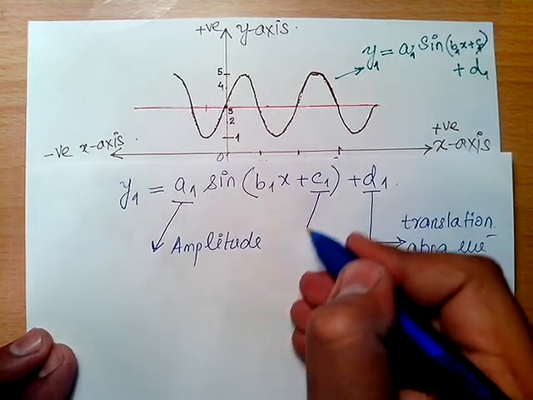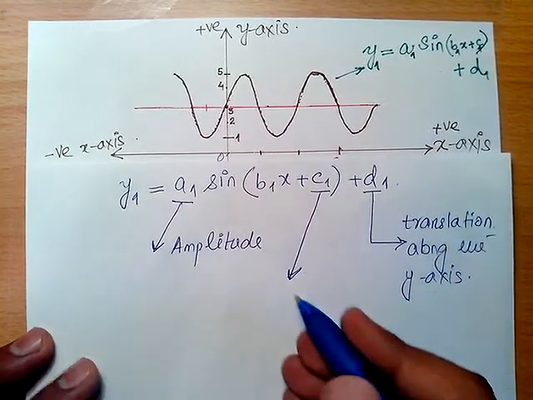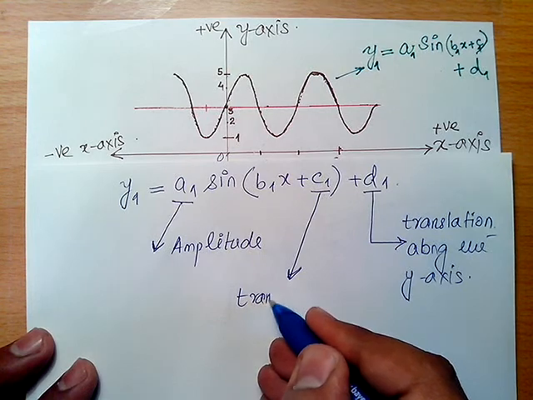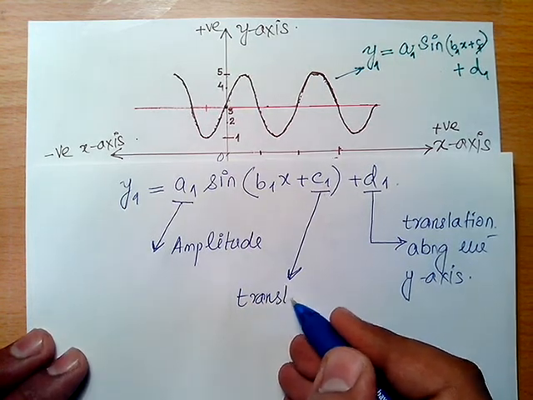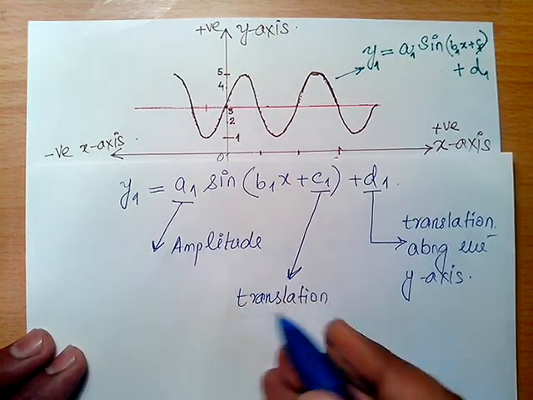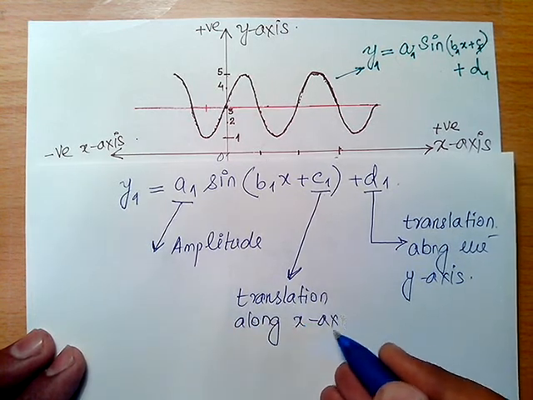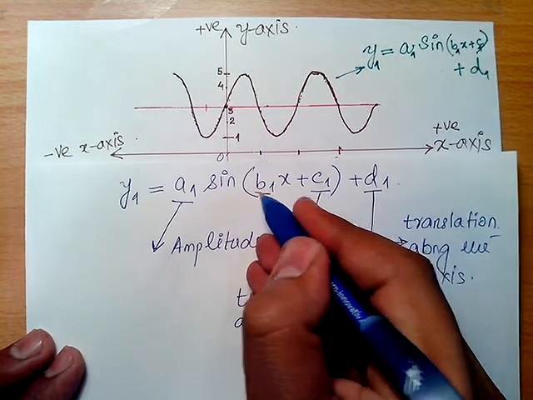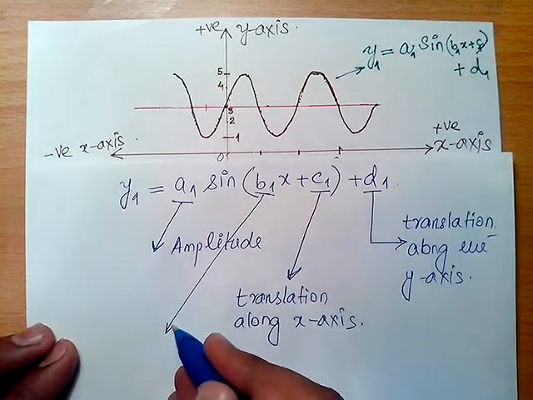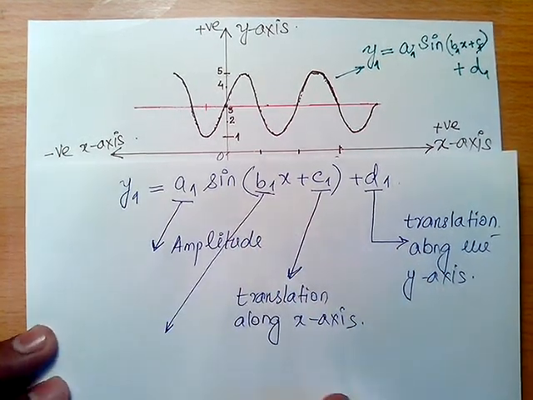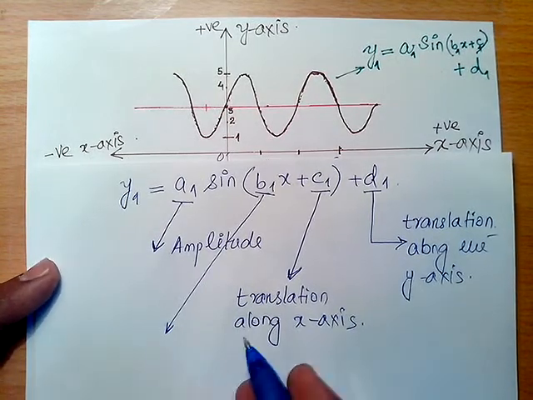We call c1 the translation along the x-axis. And the last parameter, which is b1, is actually the stretching or squeezing factor of the graph.